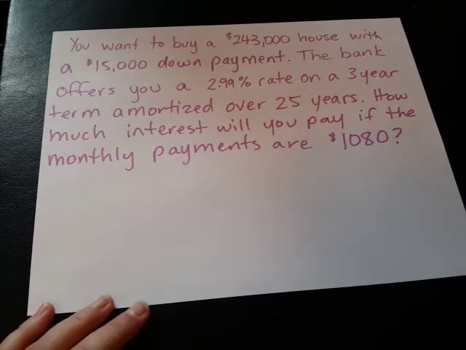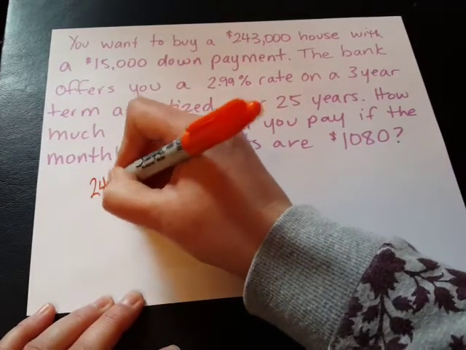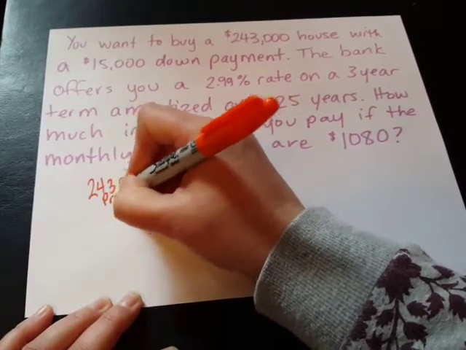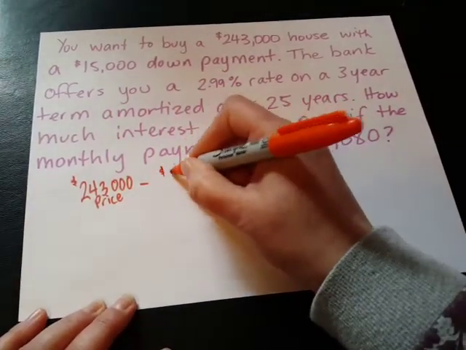So let's take the amount of the loan that's required, $23,000. So that's our price for the house. And we're going to subtract off the down payment that we have ready.